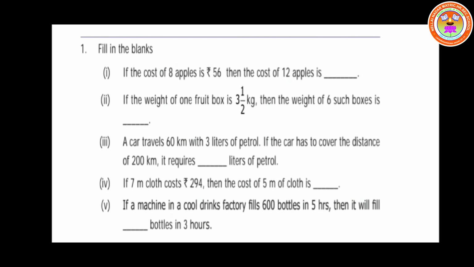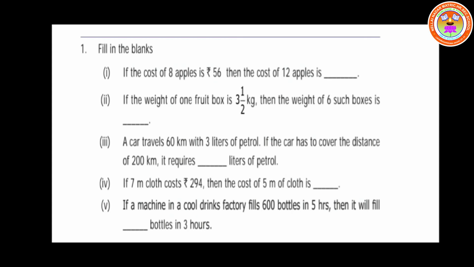Now the car has to cover 200 km. So how many liters of petrol it needs we have to find. Okay, now listen to the question. 60 km with 3 liters. So we have to find for 1 liter of petrol, how many kilometers the car travels.